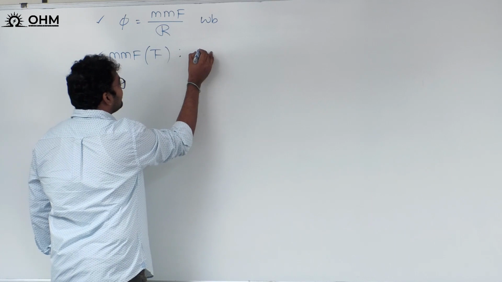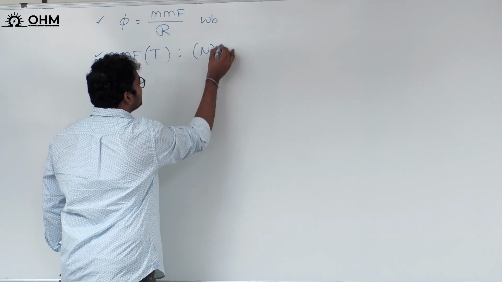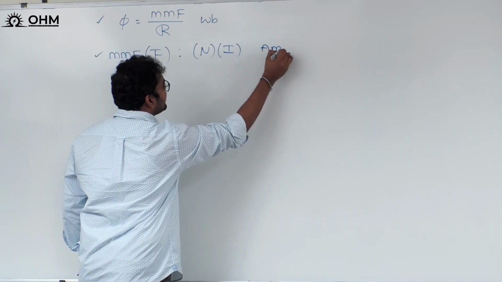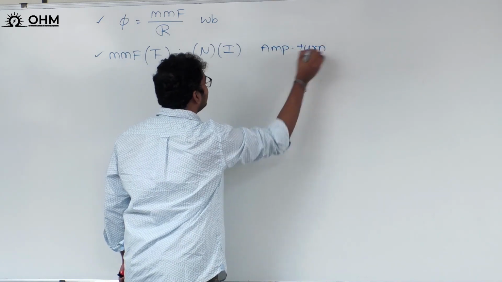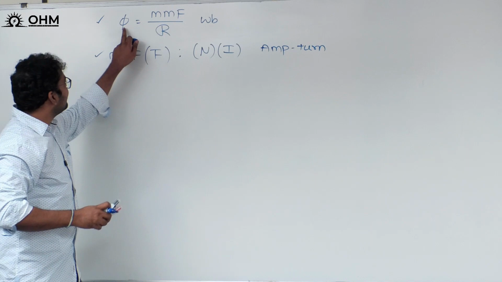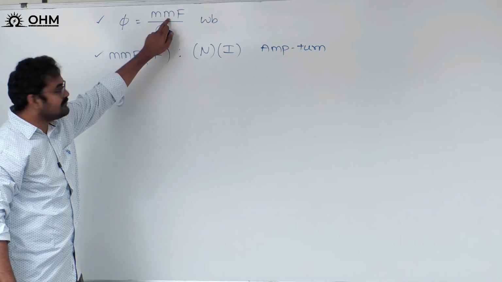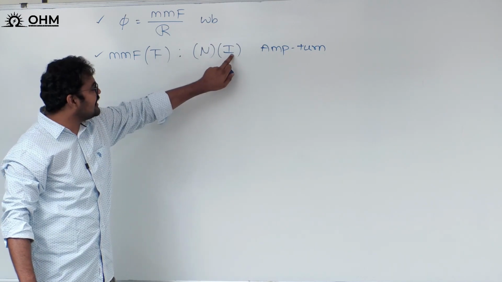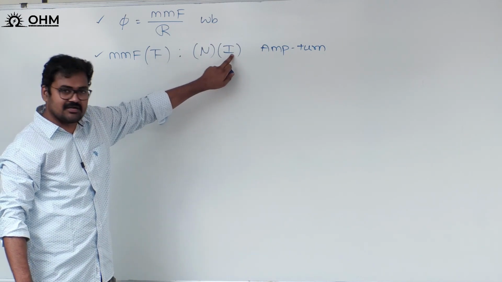MMF is equal to the number of turns times the current passing through those turns, and the unit will be ampere turns. So the magnitude of the flux depends upon MMF, and MMF depends upon the number of turns as well as the current carried by those conductors.